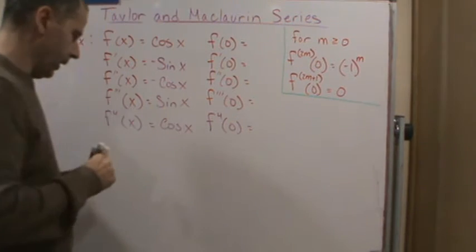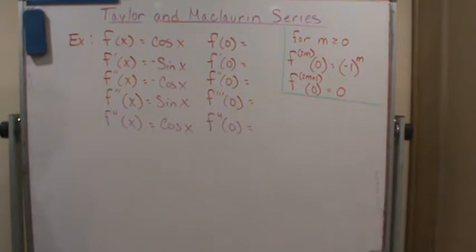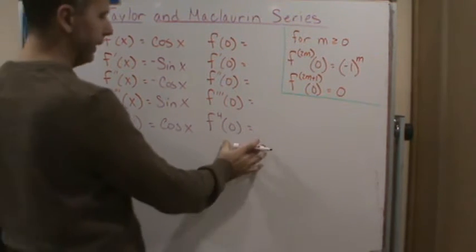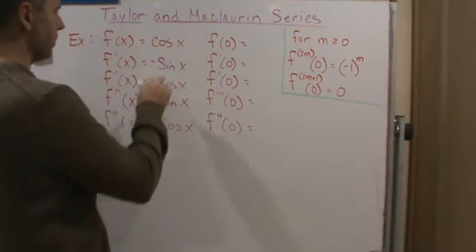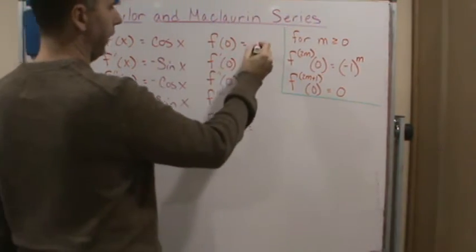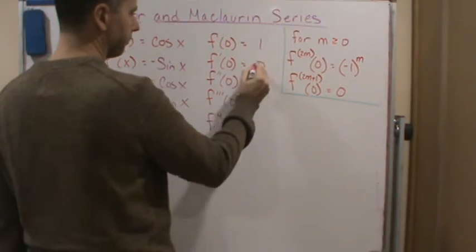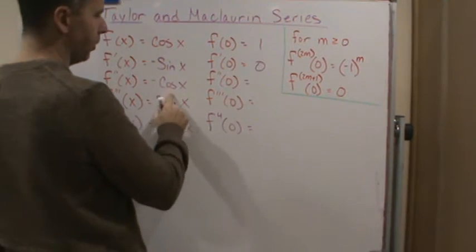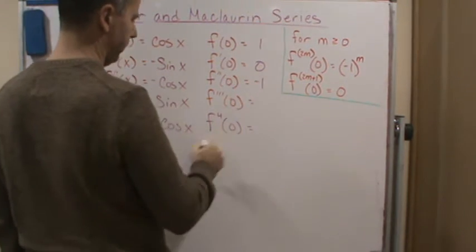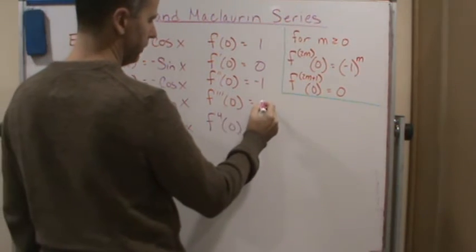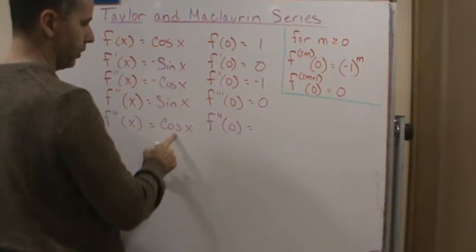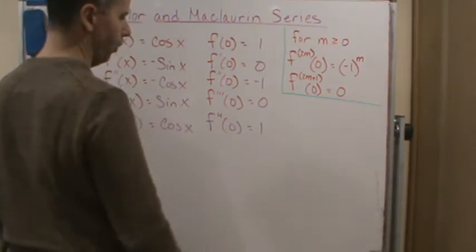Okay, and so let's put this here. And so if we fill in the information on the right here, well, what's cosine of 0? Well, that's 1. Negative sine of 0 is 0. Negative cosine of 0 is negative 1. Sine of 0 is 0. And then, of course, it repeats itself, so we get 1 again.